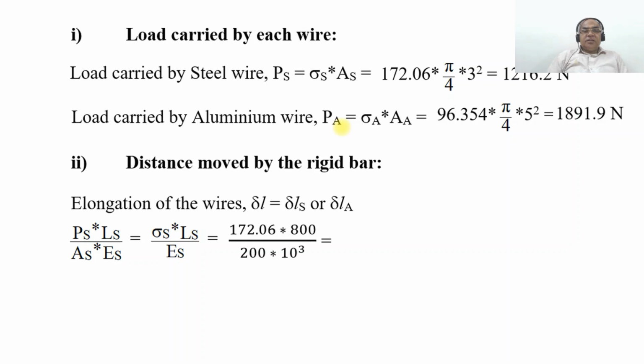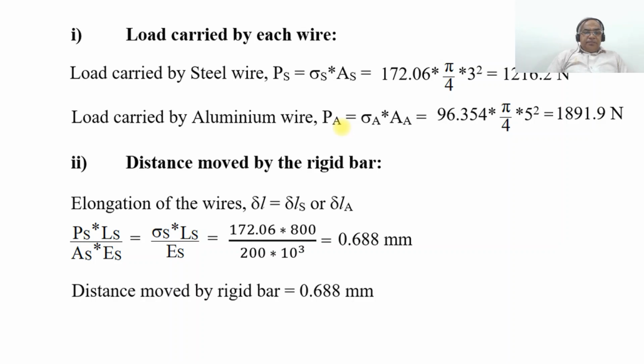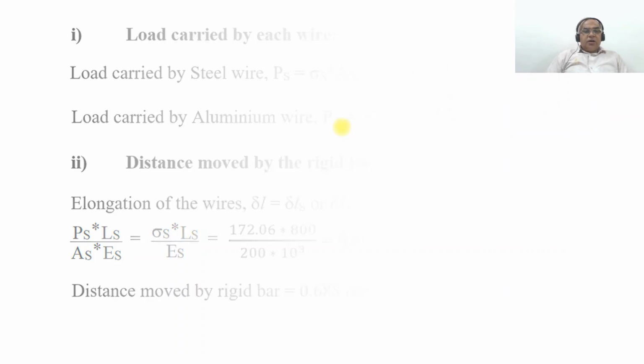Sigma S is 172.06 into the length of the steel wire, 800, divided by 200 into 10 to the power of 3. On simplification, you will get the distance moved by the rigid bar as 0.688 mm. So this is how you will be able to solve this problem.